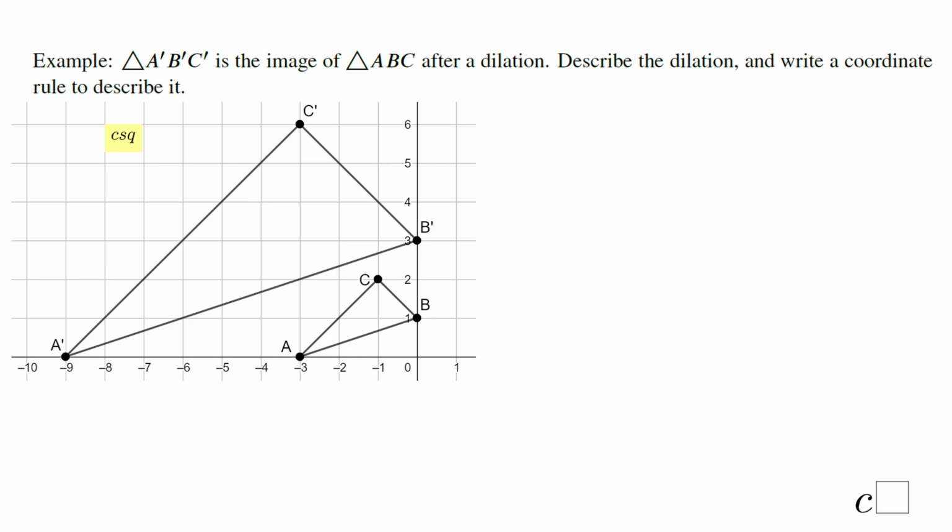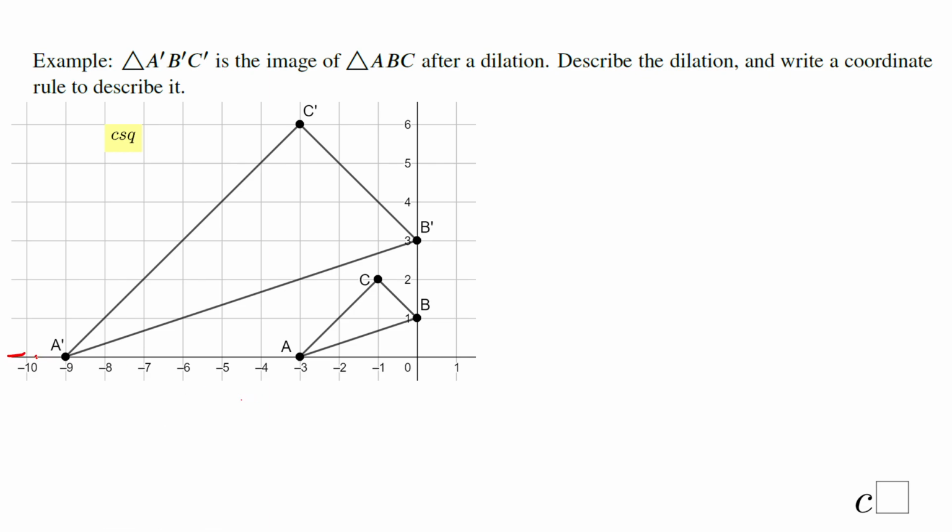You see here, triangle A prime, B prime, C prime is the image of triangle ABC. Describe the dilation and write the coordinate rule to describe it. So my first thing on this type of problem is to draw those rays. You notice we don't have that O, but by drawing the rays we can find that center of dilation, right?